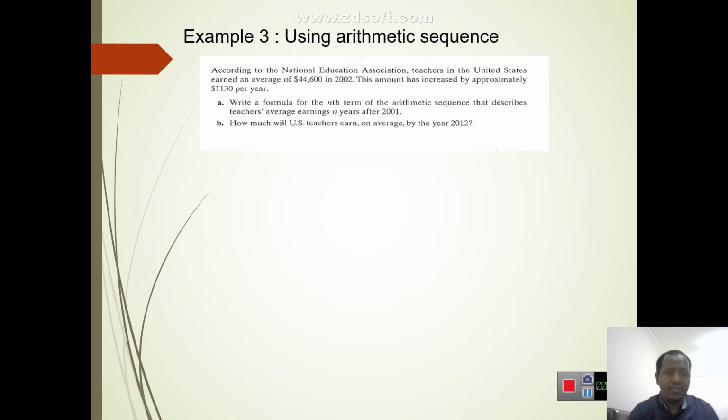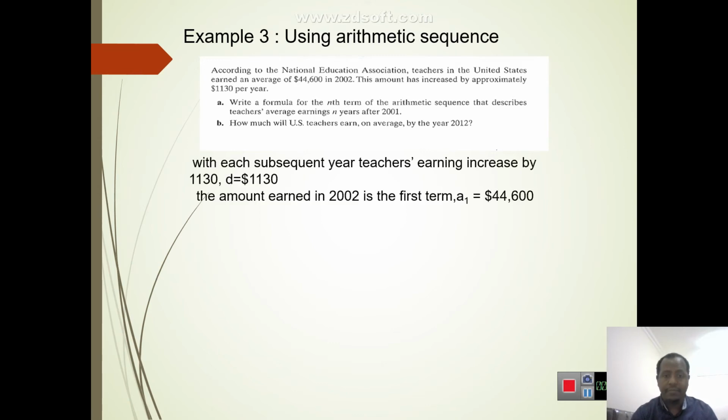So let's go to the first question. You are asked to write the formula for the nth term of the arithmetic sequence. This is easy. Since each subsequent year's teacher earning increased by 1,130, the common difference is 1,130, and the amount earned in 2002 is our first term.